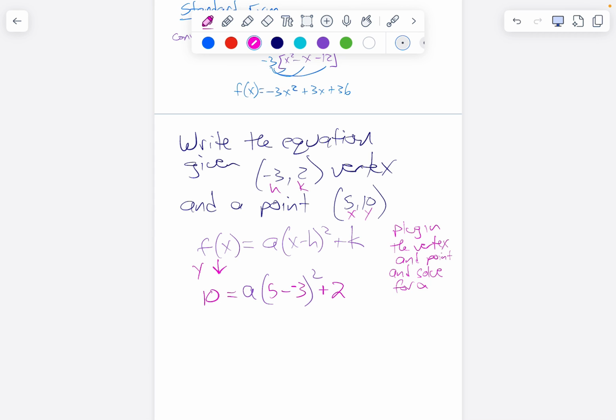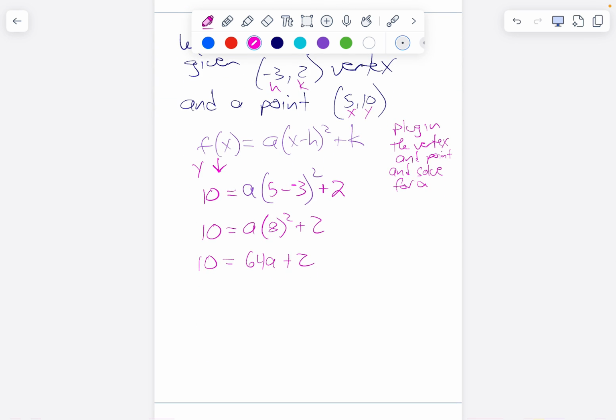So 10 equals A times 8 squared. So that's 64A. Subtract 2. Again, this is just algebra 1. This is just solving a linear equation. Divide by 64. A is, do not say 8. It's 1/8.